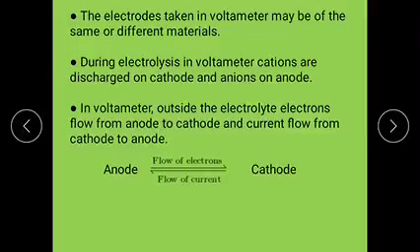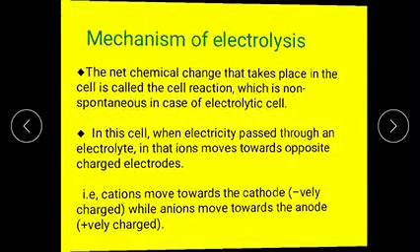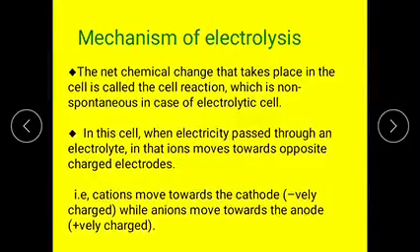The current flows from cathode to anode. Now let us see the mechanism of the working of electrolysis. The net chemical change that takes place in a cell is called a cell reaction, which is non-spontaneous in the case of an electrolytic cell.